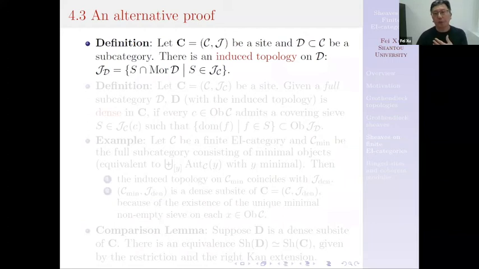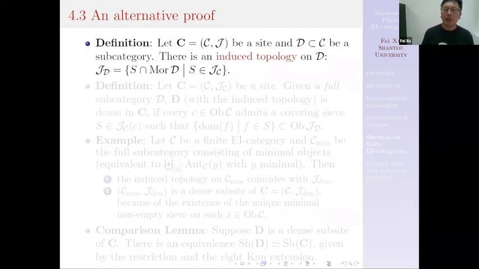Basically, you can think of it this way. The prototype is that you have the category of G-sets, and the orbit category is a full subcategory of the category of G-sets.